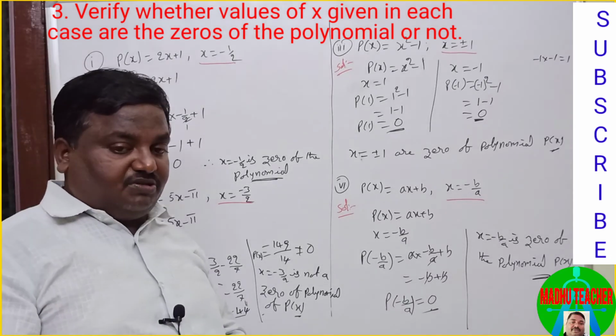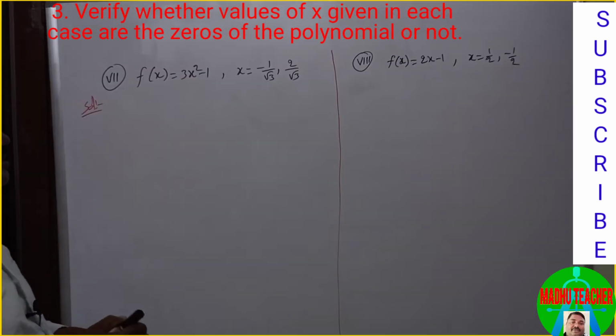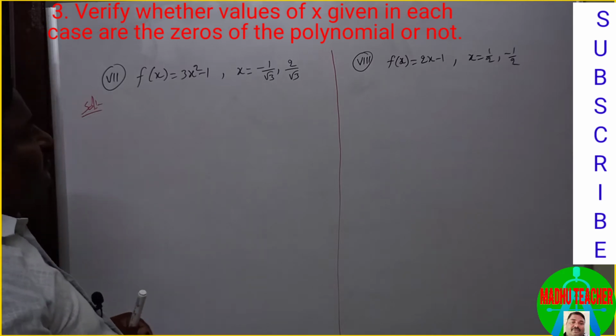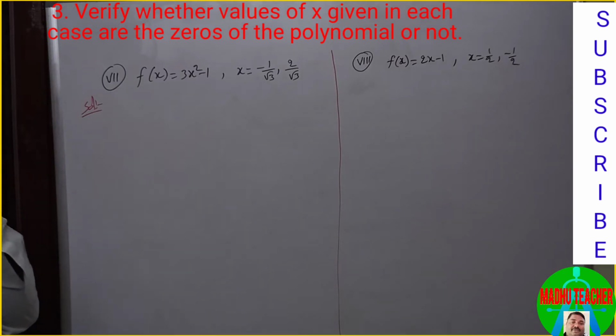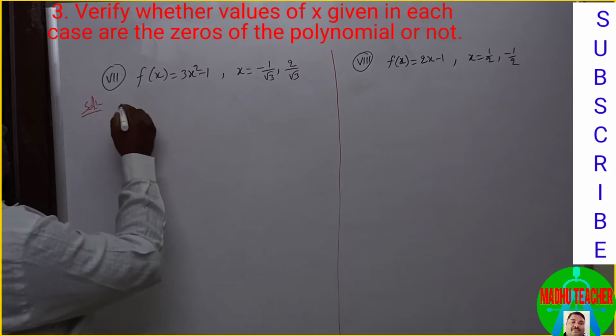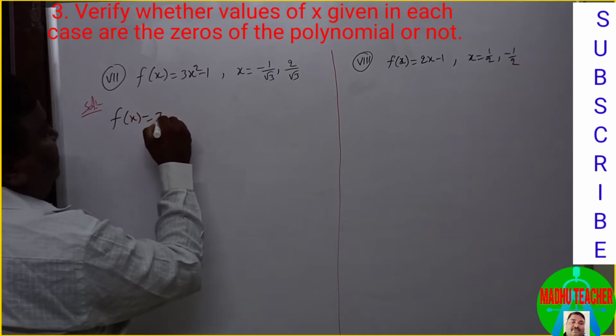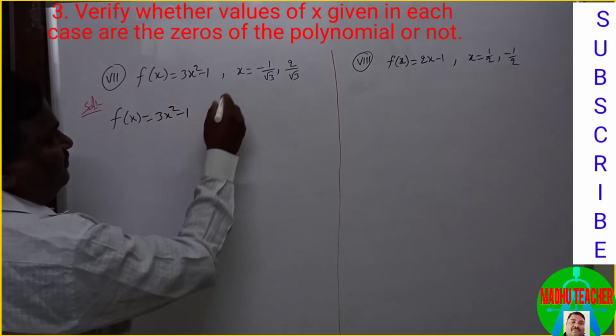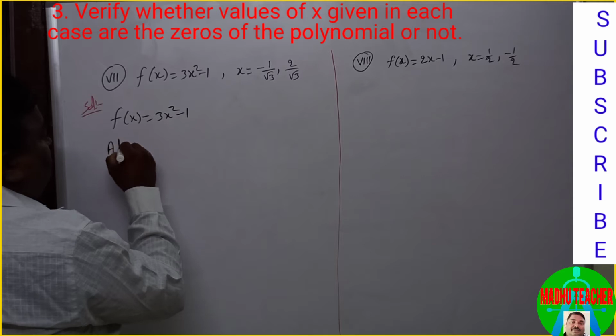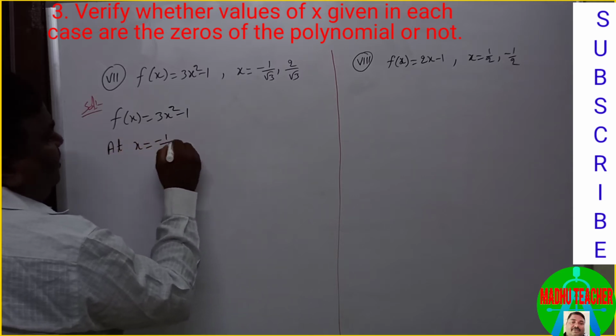Next remaining problems. Okay, seventh one is f of x equal to 3x square minus 1, where x equal to minus 1 by root 3, 2 by root 3. So given polynomial f of x equal to 3x square minus 1. So first of all, let x equal to minus 1 by root 3.